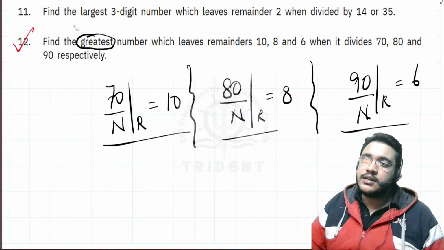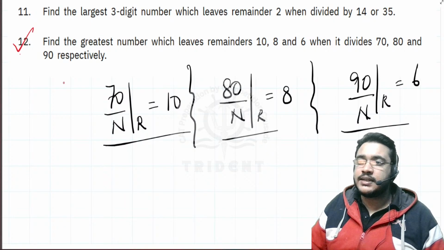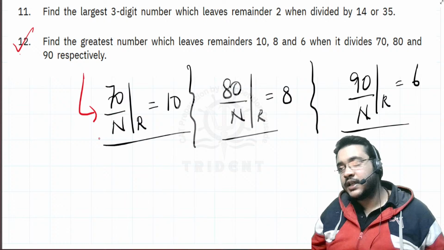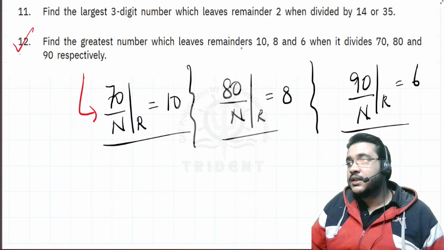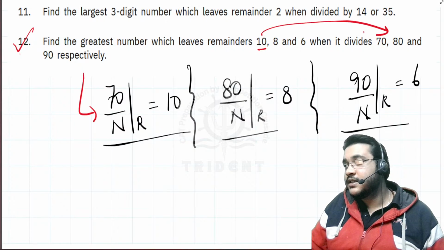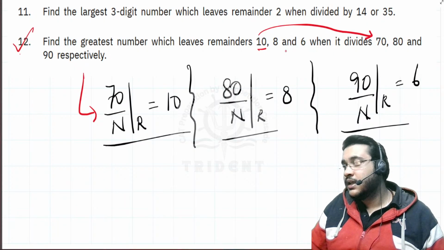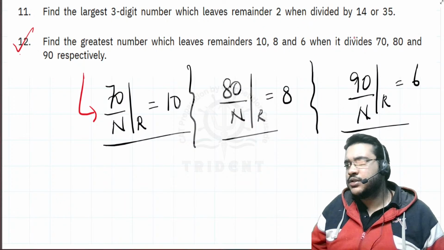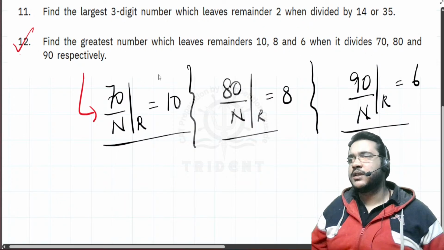But if we understand the question, this is what it is asking us to do. There is a number, a greatest number, which should leave the remainder of 10 when it divides 70, 8 when it divides 80, and 6 when it divides 90. So too much elaboration has been given.